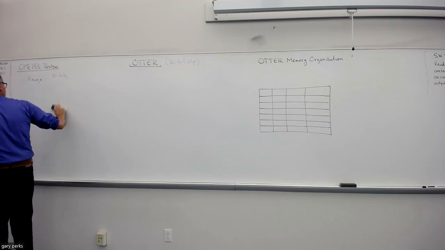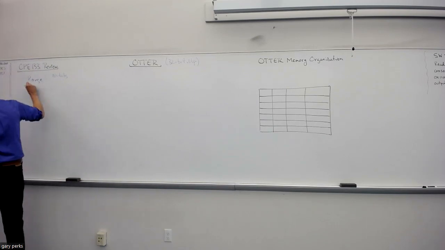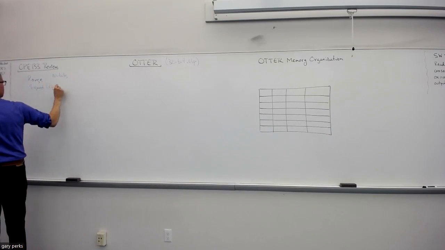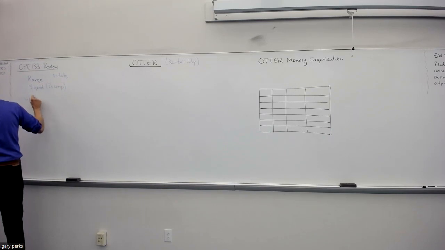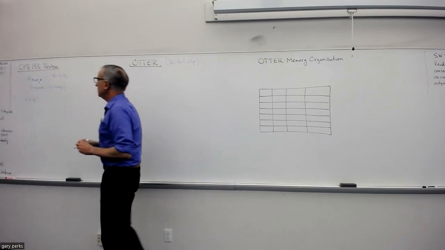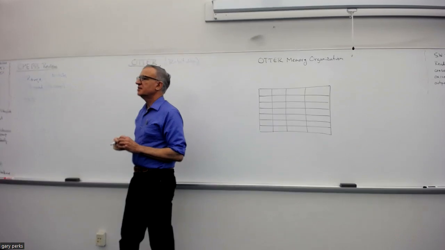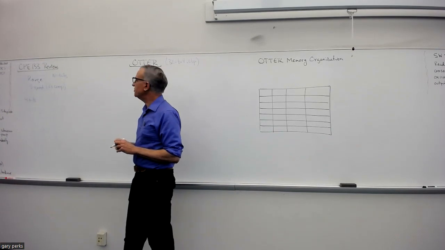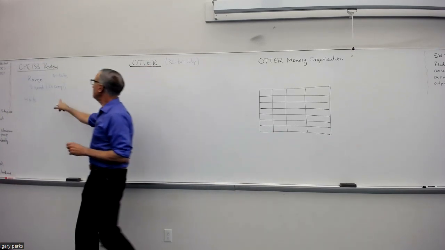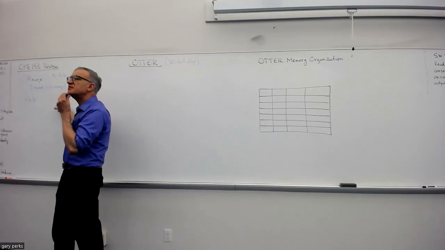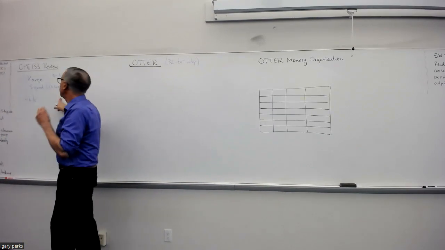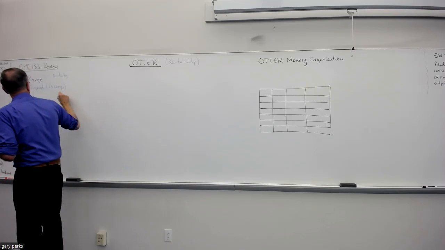Okay. How about if we have a signed two's complement, and let's say it's 4 bits. What's the range for two's complement? What would the max be? The max would be 0, 1, 1, 1.